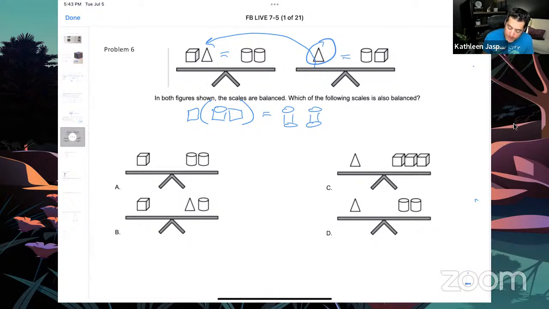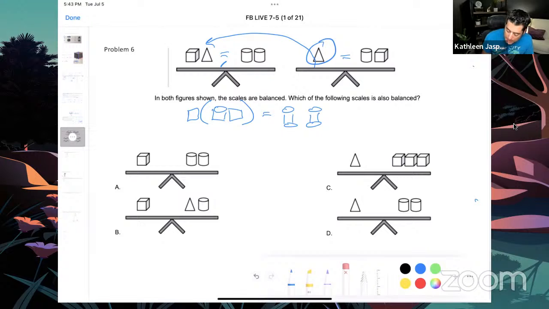So now cube, cube, cylinder is equal to, and let's make sure I'm doing this right because I don't want to confuse anybody, because I'm sure you're already confused as it is. I just put the parentheses there just to show you that that triangle went in there.